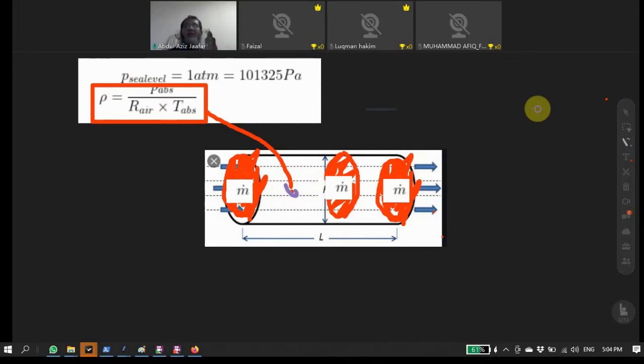The whole equation here, you can use it to calculate the density at that particular location, right?